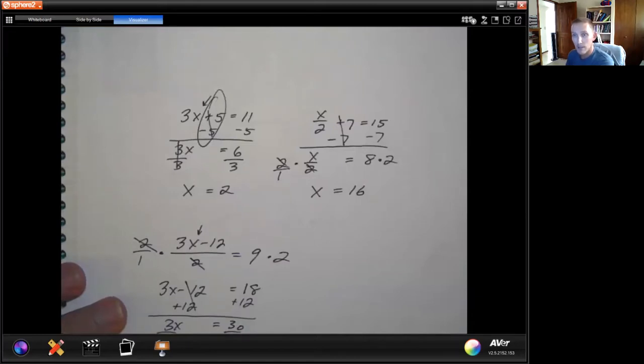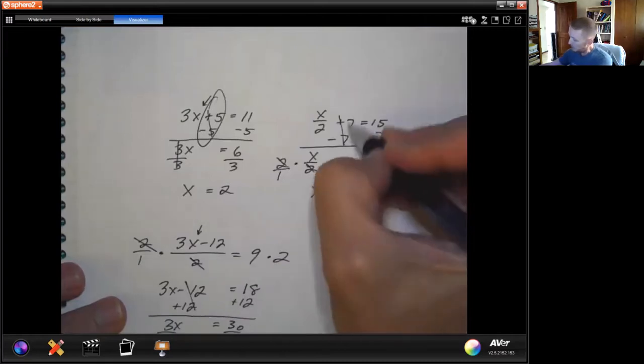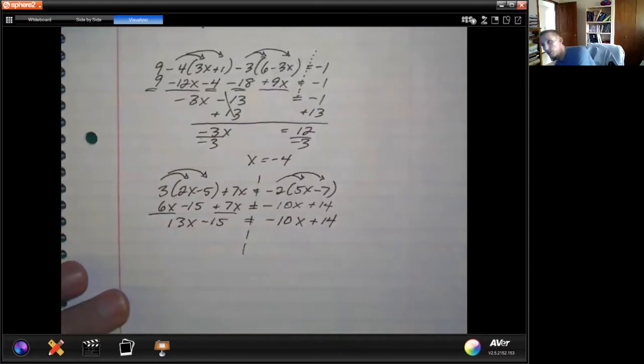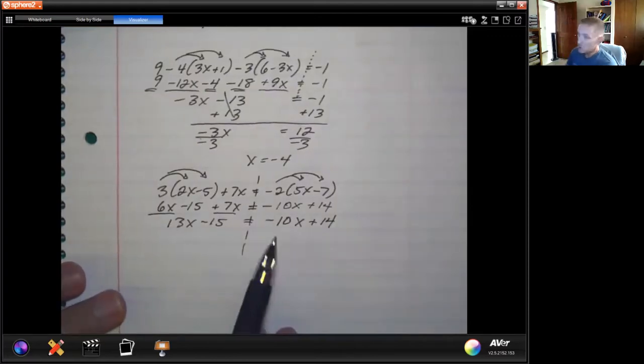I subtracted it because plus 5 and minus 5 made 0. Plus 7 and minus 7 made 0. That same idea from a 2-step is going to be how I move a variable to the other side. So what could I combine with negative 10x that would make 0 and make it disappear?